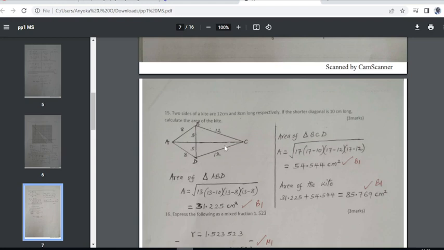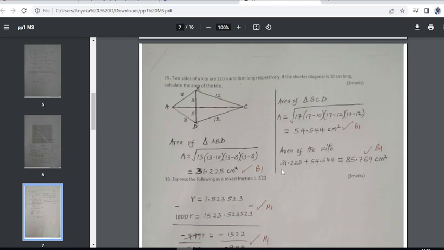So we have the length AC. Then we use base times height, times AC times the height times one half, because they are equal, we still get the same answer.